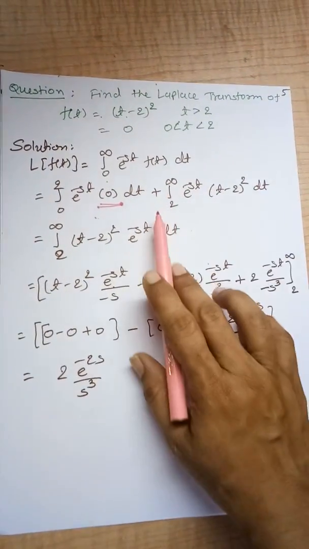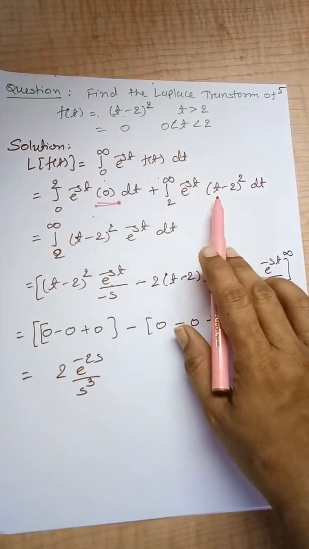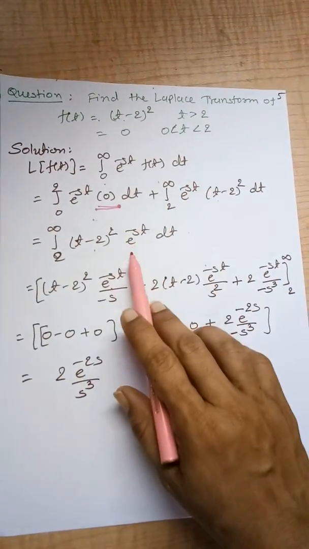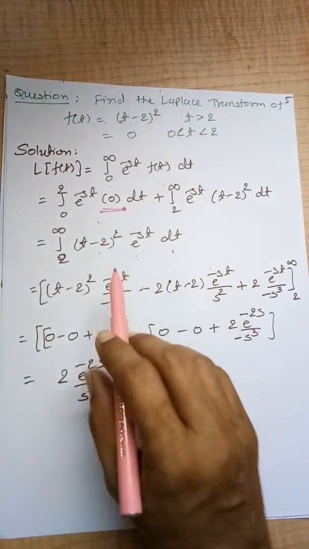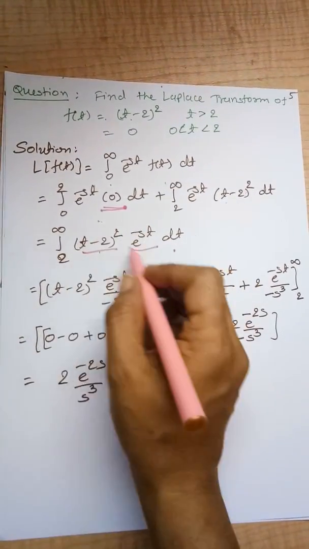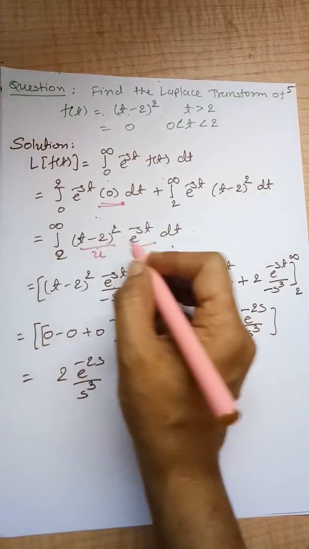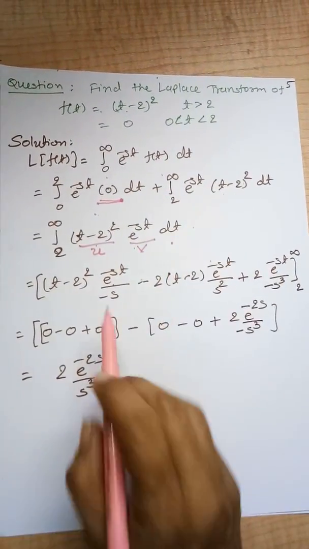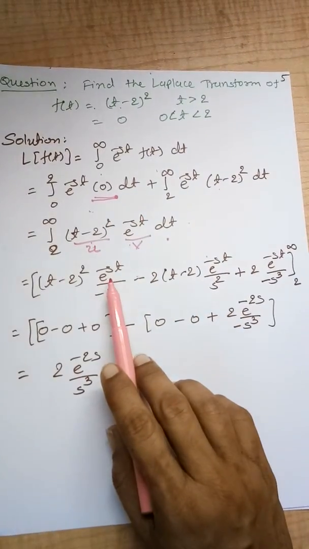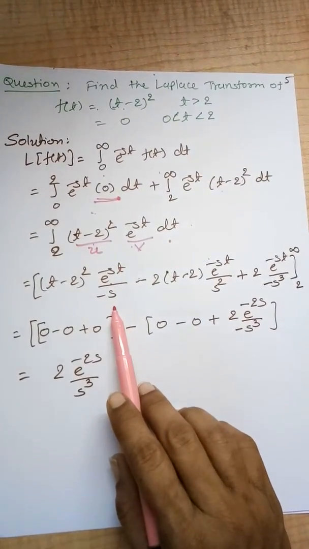So from 2 to infinity, I write t minus 2 whole square first, then e raised to minus st dt. Here we want to integrate this term, and I take this term as u and this one as v. So u stays the same. Integration of e raised to minus st is e raised to minus st upon minus s.